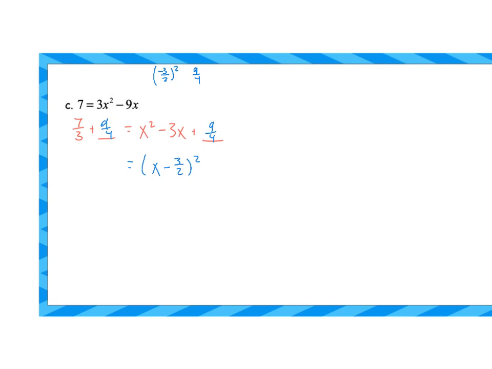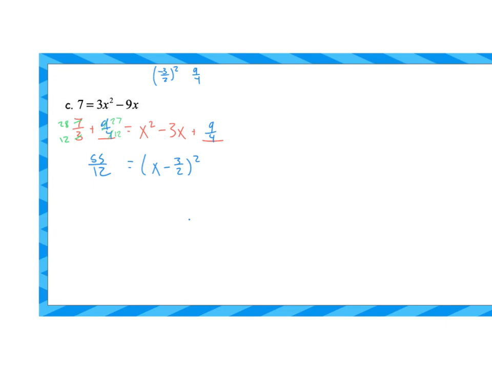And then over here, to add these together, I need a common denominator. So multiply by 4, and then multiply by 3. And now that I have that common denominator, I can combine those together. So that gives me 55 over 12.